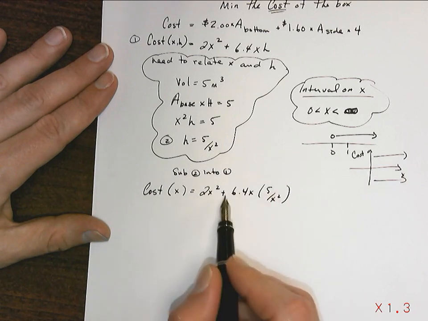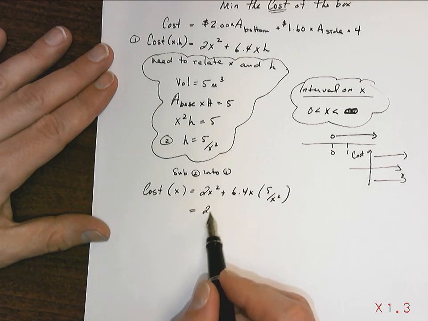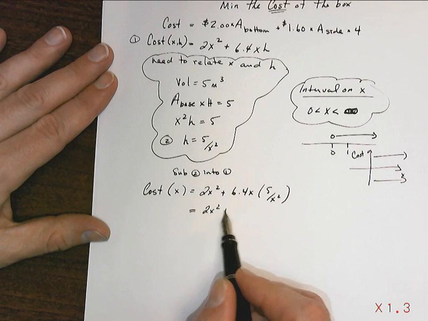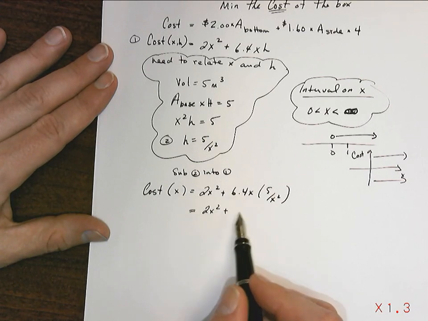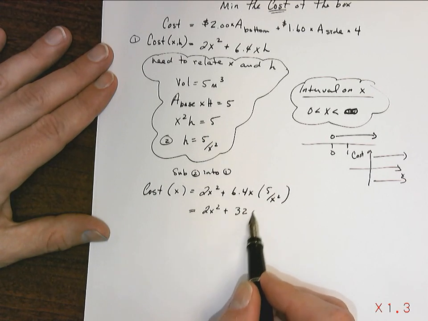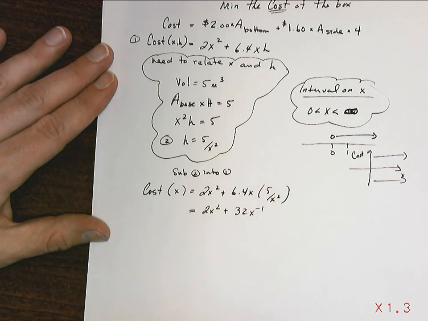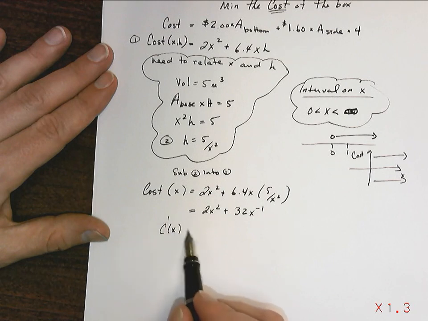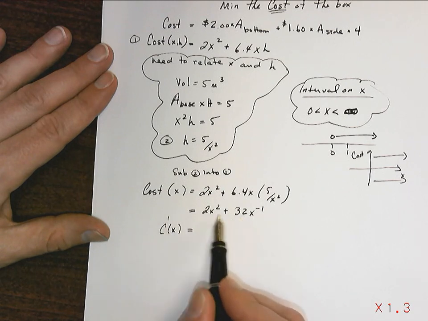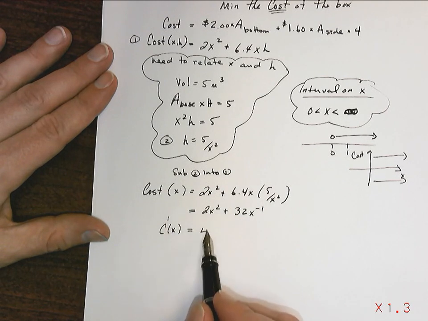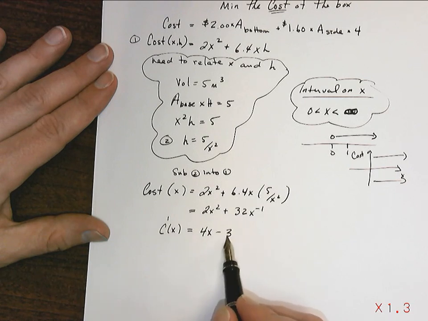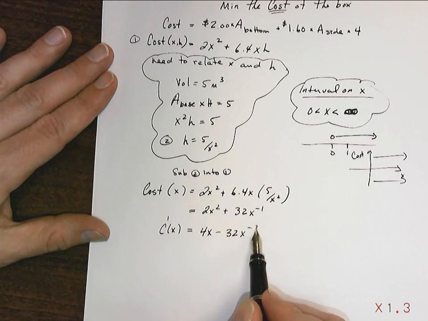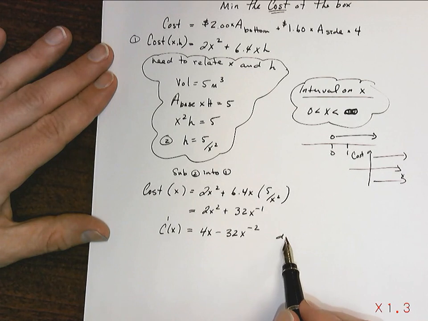So let's see, can we simplify this up a little bit? It'll be 2x squared plus 32 x to the negative 1. We're going to find its derivative because we're looking for the critical values. Remember, don't set this equal to 0. You need to set the derivative equal to 0. That's my derivative-friendly form of the derivative.